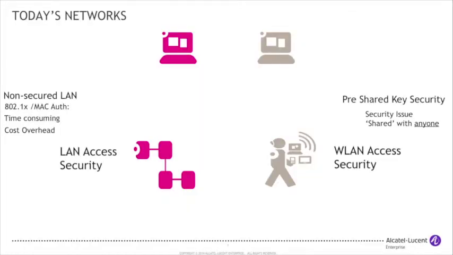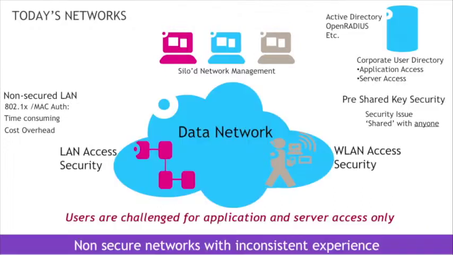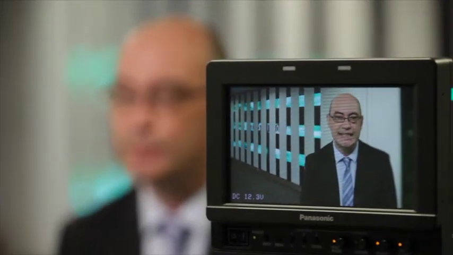Wireless access is becoming more and more desirable with the explosion of the number of smartphones and tablets, but the security is usually limited to a pre-shared key. The fact that this key can be given to anyone means that it isn't really secure. Multiple management systems increase the cost and complexity of any deployment, adding unwanted overheads.